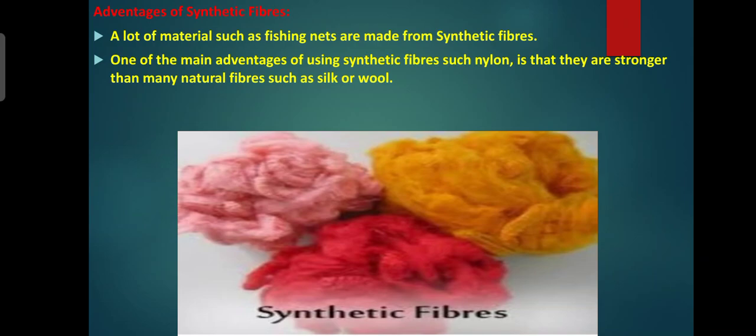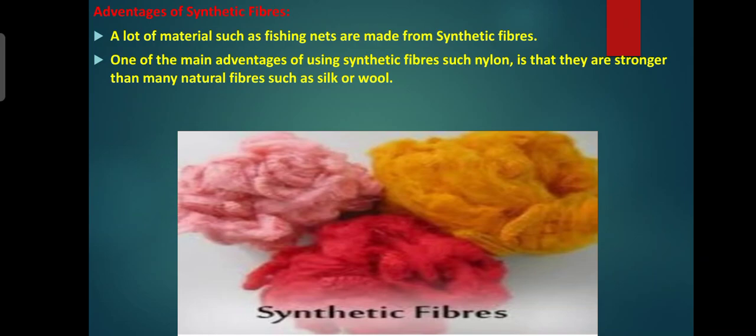Do you ever think about why some of your clothes do not need ironing and look bright and colorful for many years? This is because they are made from synthetic fiber such as polyester, and the advantage is they do not wrinkle easily and they keep their color and brightness for a much longer time than natural fiber such as cotton.